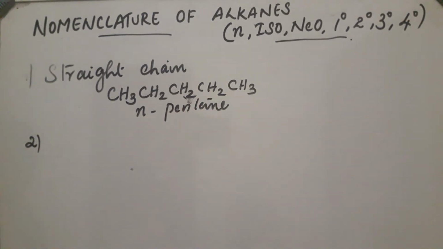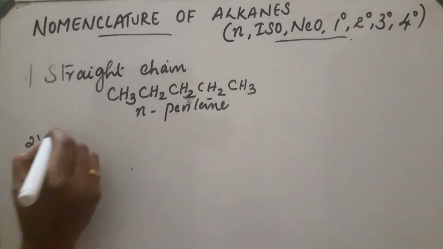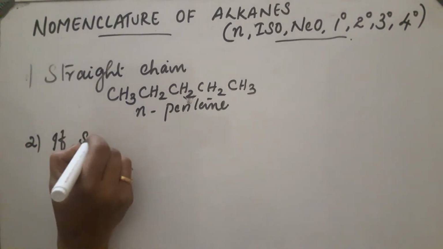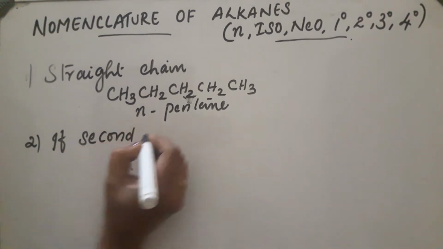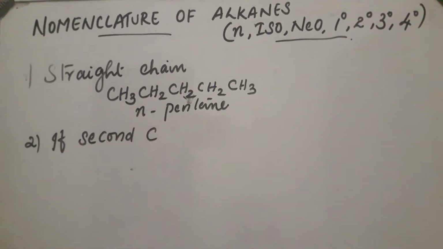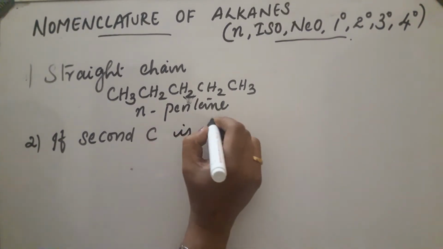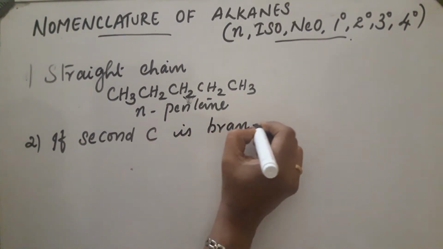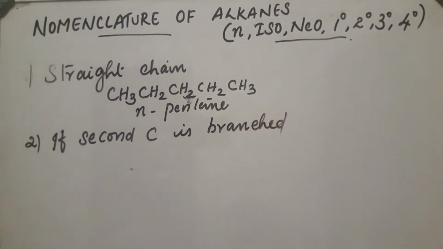If the compound is branched and the second carbon is branched, in such cases we use a prefix iso.